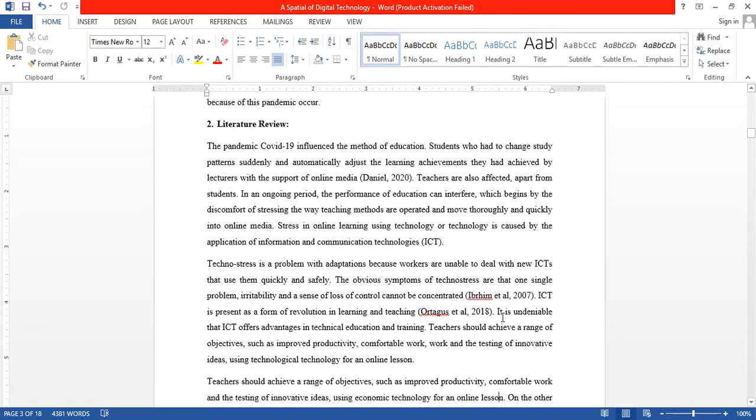In the literature review, you will discuss what previous studies have been done by different researchers. You will also give one by one a brief introduction to your dependent variable and independent variable. You will write about previous research.